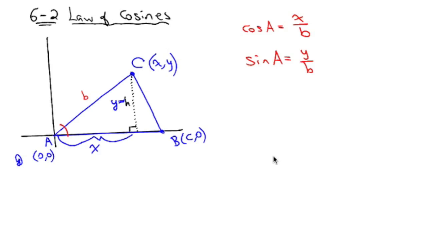So we find that x is equal to b cosine of A, and y is equal to b sine of A. So it's another way of describing that coordinate. B cosine A is the x-coordinate, b sine A is the y-coordinate.